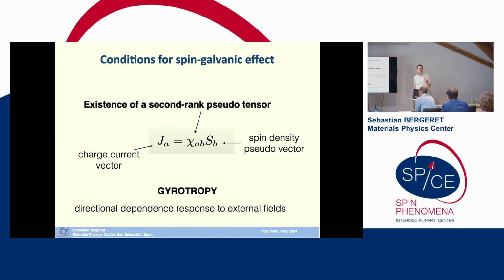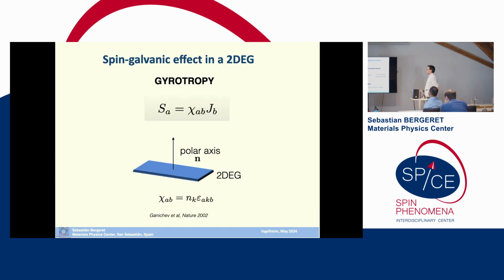And this is not very often found. In order to have a second rank pseudotensor, you need, per definition, those systems that have chirotropy. And we can get back to this concept of chirotropy here. So there are materials that allow for such a pseudotensor to exist, and these are chirotropic materials. Okay, so example, Rashba.